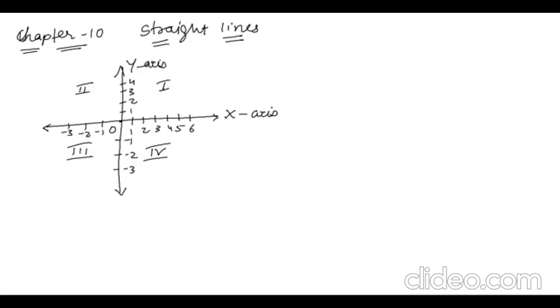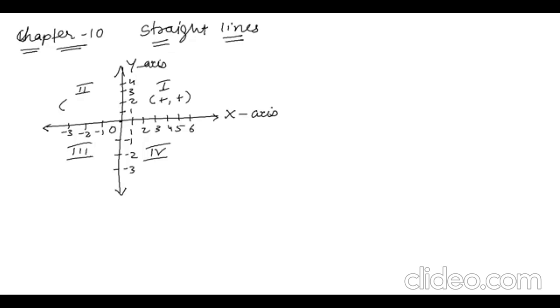So you can see that the first quadrant is attached to positive x coordinate and positive y coordinate. If both coordinates have a positive sign, that is, the x coordinate is positive and the y coordinate is also positive, then your point will lie in the first quadrant.